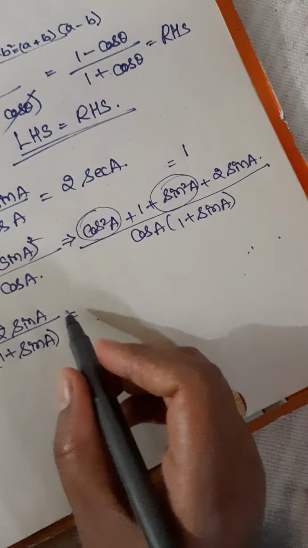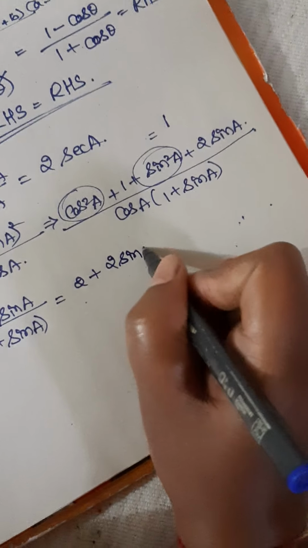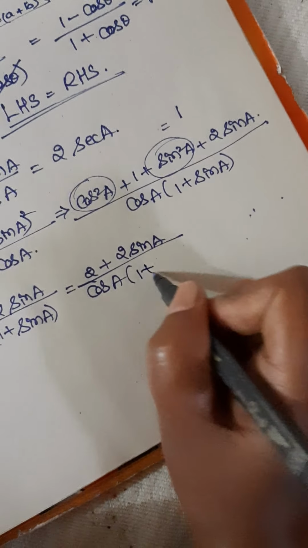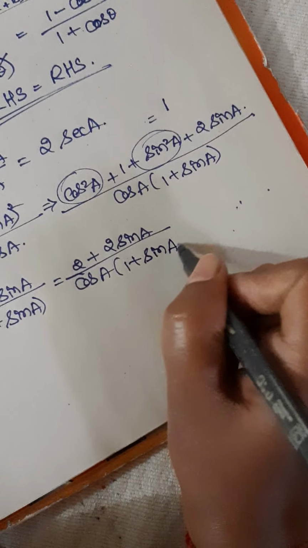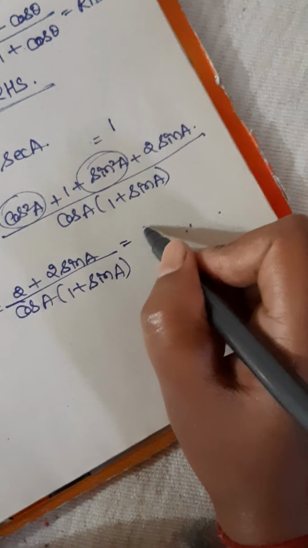So this will be 2 plus 2 sin A divided by cos A (1 plus sin A). Let's take 2 as common from this.